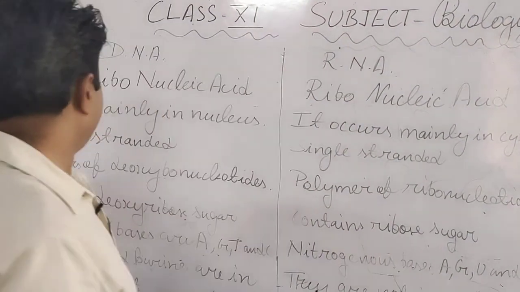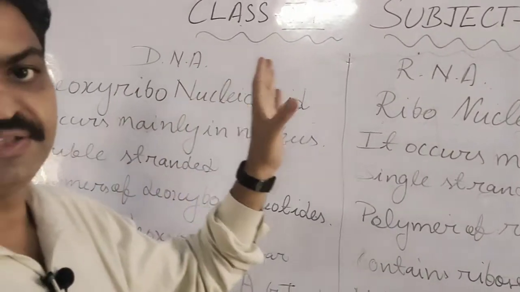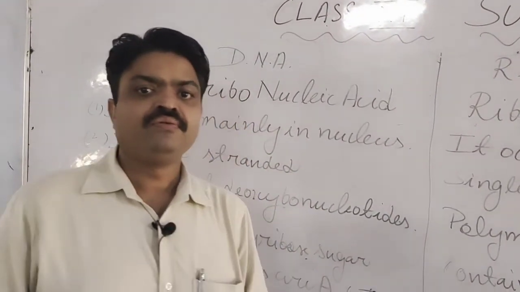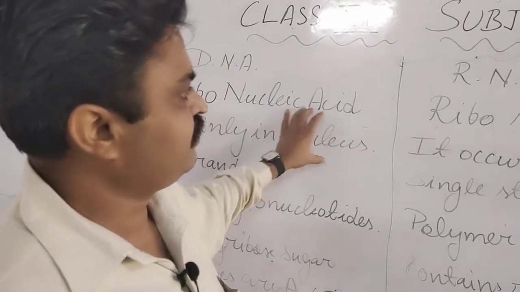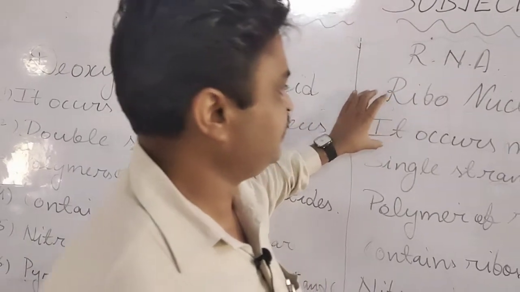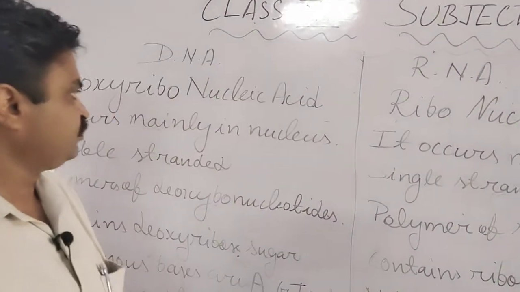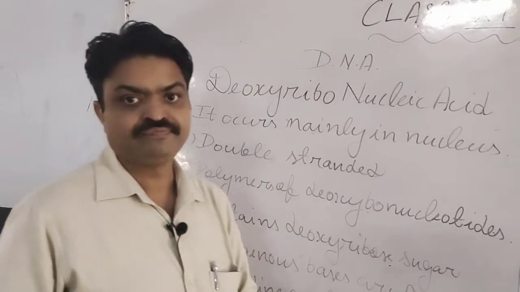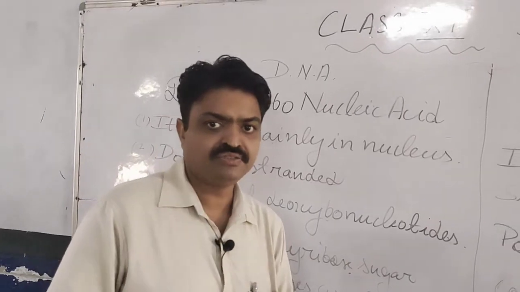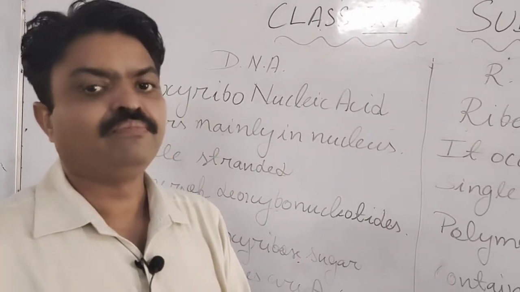And deoxyribonucleic acid, student, occurs mainly in the nucleus of the eukaryotic cell. And ribonucleic acid occurs mainly in the cytoplasm. With this, student, DNA is also found in the chloroplast or plastids, and it is found in mitochondria.